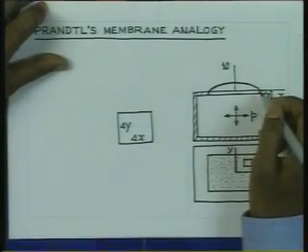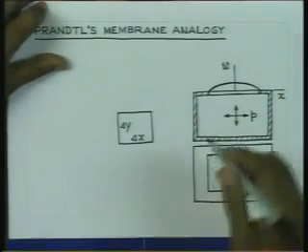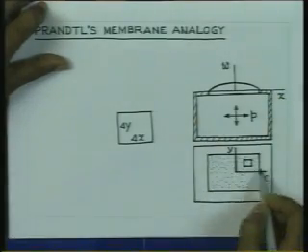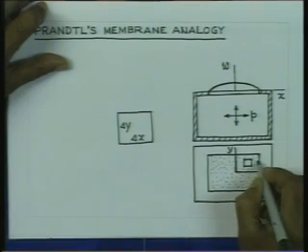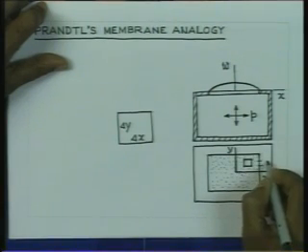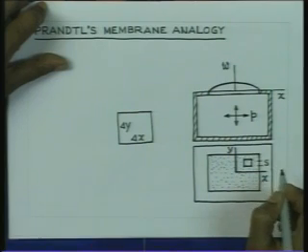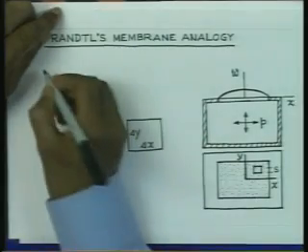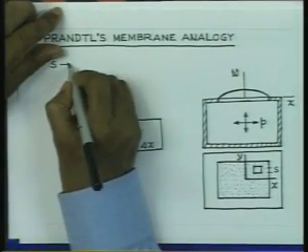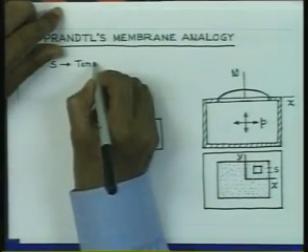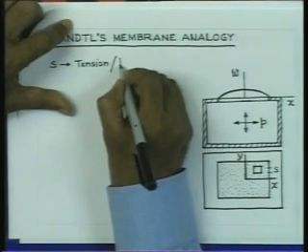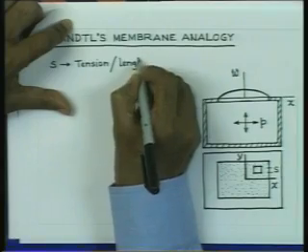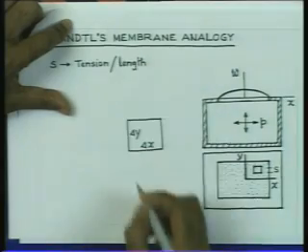This membrane is stretched along the boundary. So, it is attached to this boundary and it is also stretched, and that stretching per unit length of the boundary, let us say that is equal to capital S. So, S is tension per unit length.